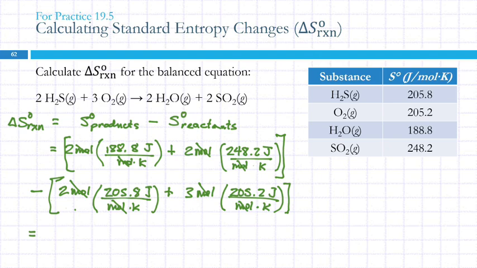So now we've got some math to do. 2 times 188.8 plus 2 times 248.2. And then we're going to subtract the quantity, 2 times 205.8 plus 3 times 205.2.